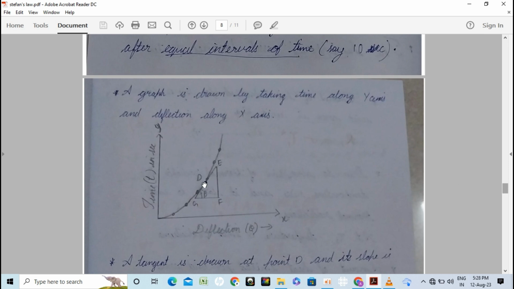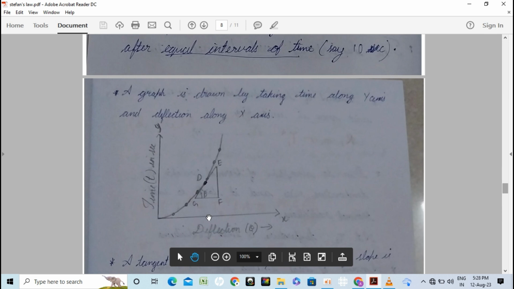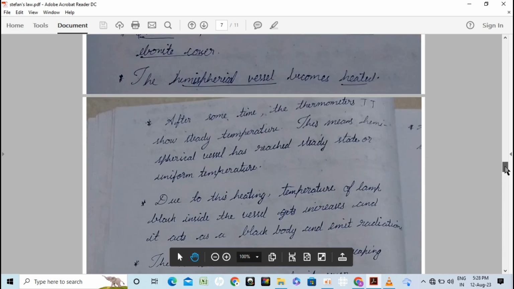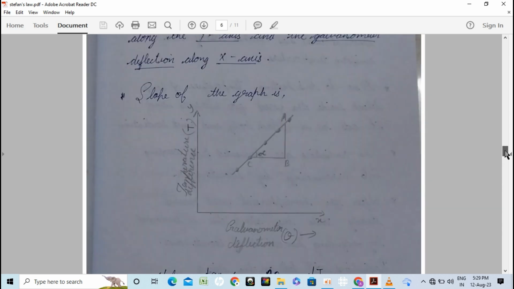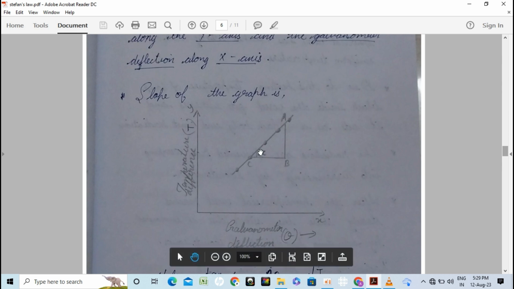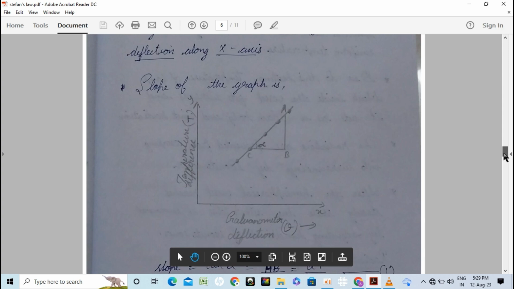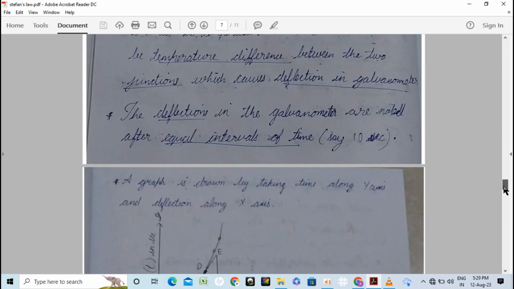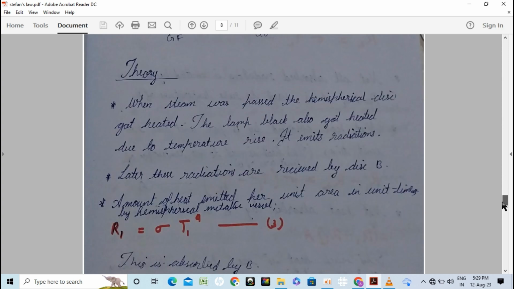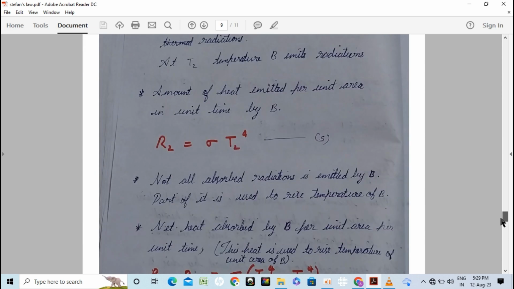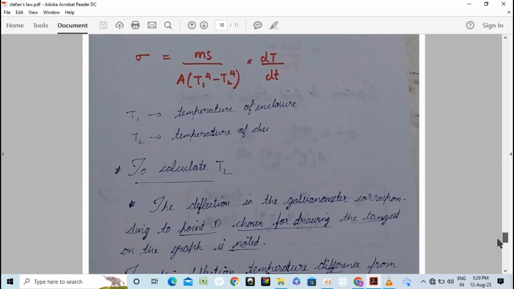We selected this point D, and the deflection corresponding to this point is found out, and from this deflection, using the first graph, we find the temperature difference. To this temperature difference we add the room temperature value, so we get the value of T2.